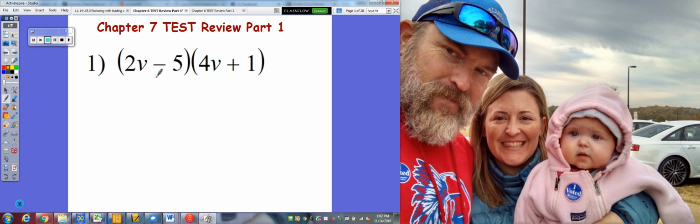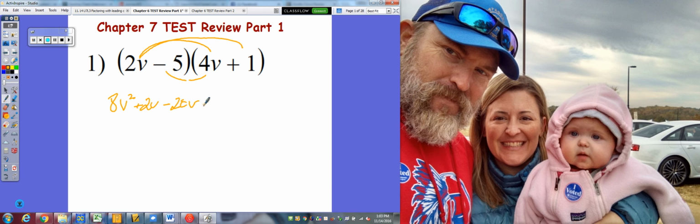So if we look at number 1, again, some of you are familiar with FOIL. In the end, we are distributing. We're taking this 2v and multiplying it by 4v, giving me 8v squared. This 2v times 1 gives me a plus 2v. The negative 5 times 4v is negative 20v.